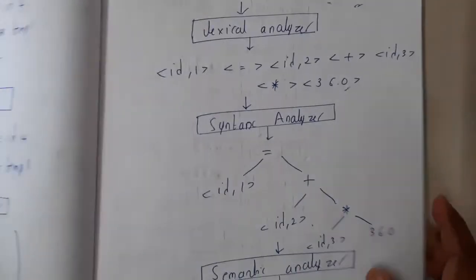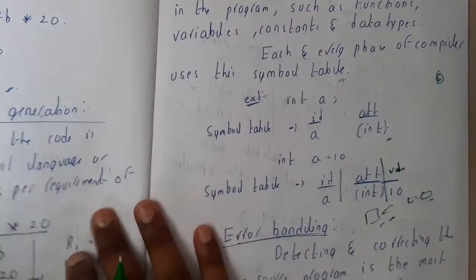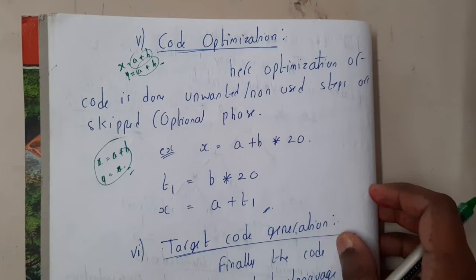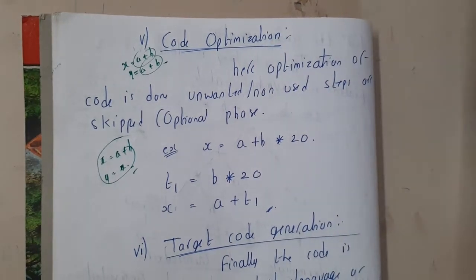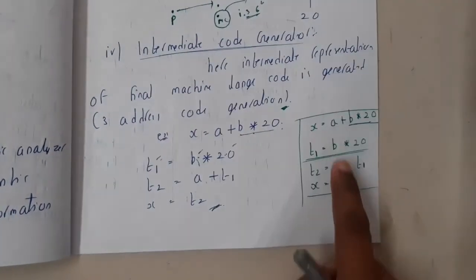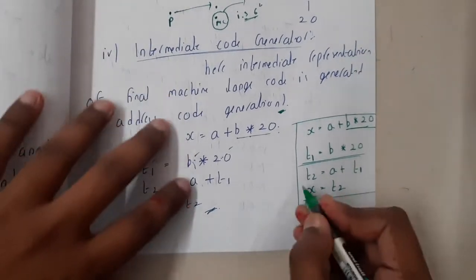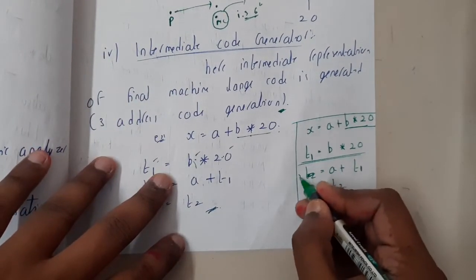Once this intermediate code conversion is done, then we are going to optimize the code, guys. When it comes to optimization of code, what is our goal? Our goal is to optimize it. Previously this code is taking 3 steps, right? So can I reduce 1 step here? Yes. Instead of storing in t2, I can directly store in x, right?